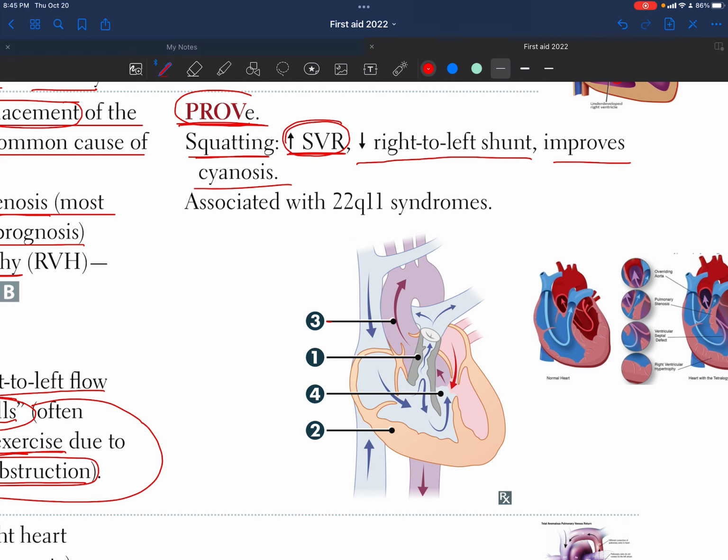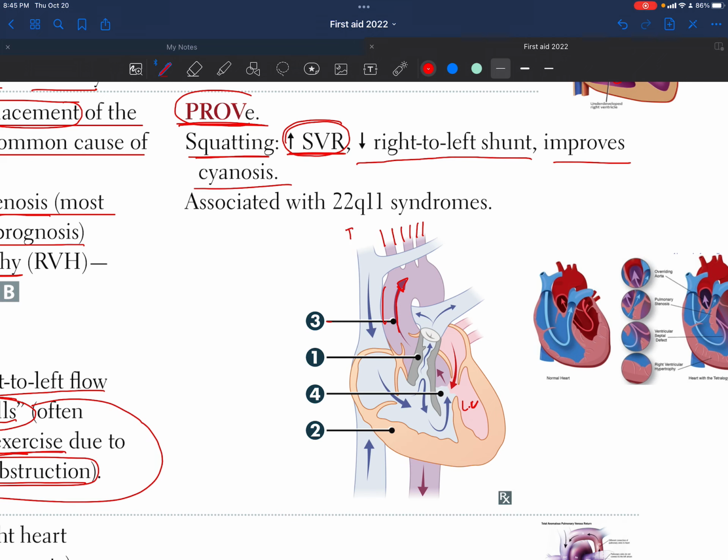The systemic vascular resistance is ultimately what the aorta has to push through. When we say the aorta, the systemic vascular system is somehow attached to the aorta. And the aorta actually goes out from the left ventricle, as we know.